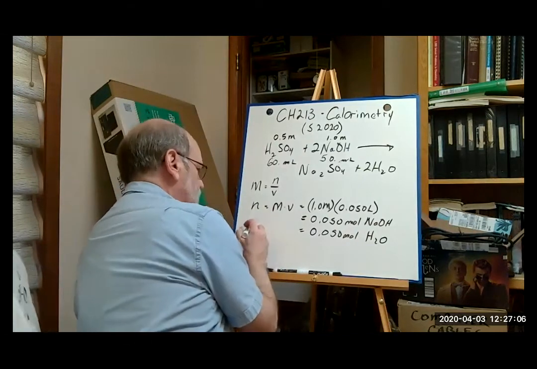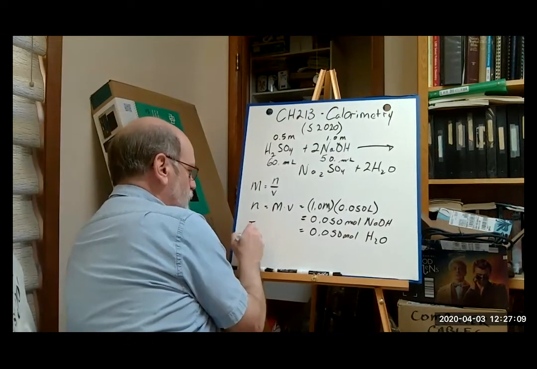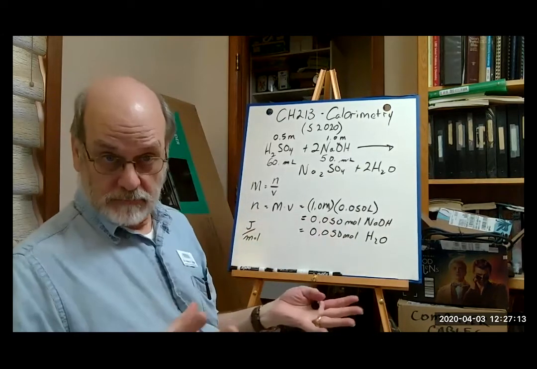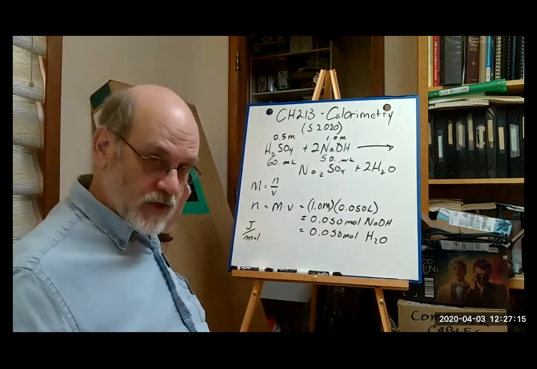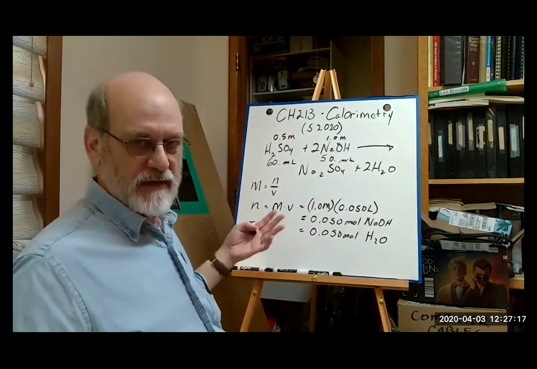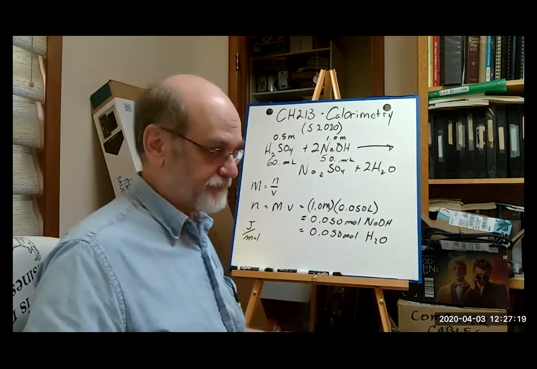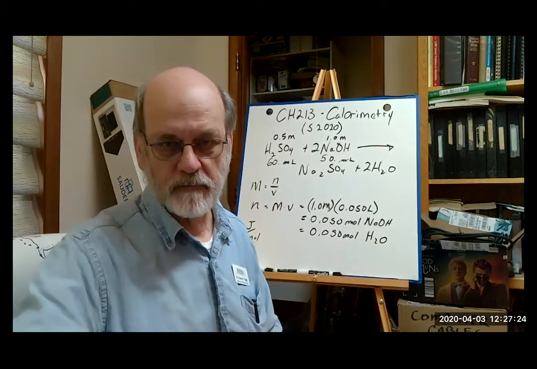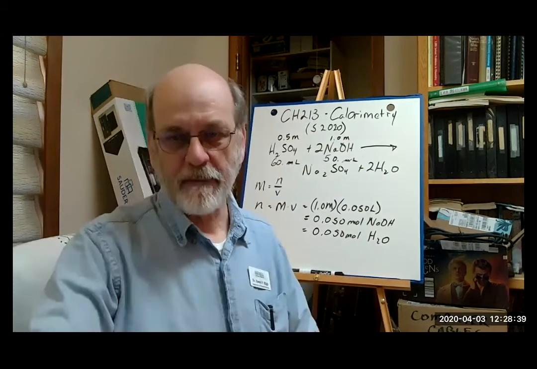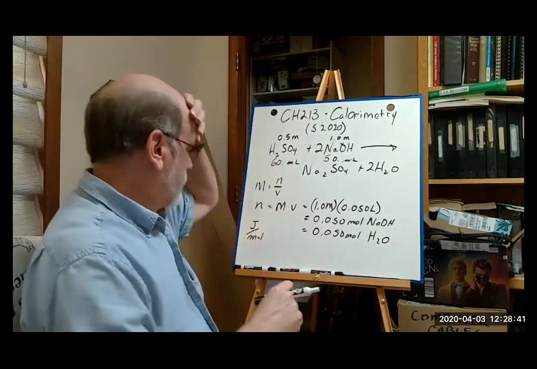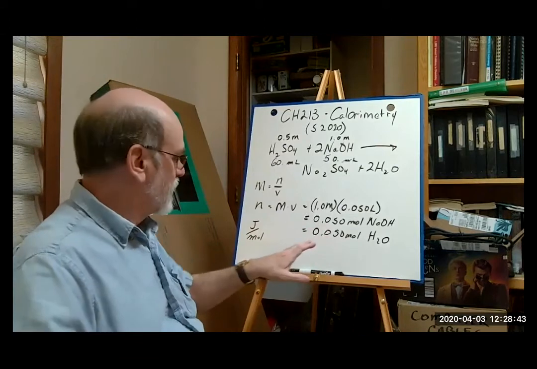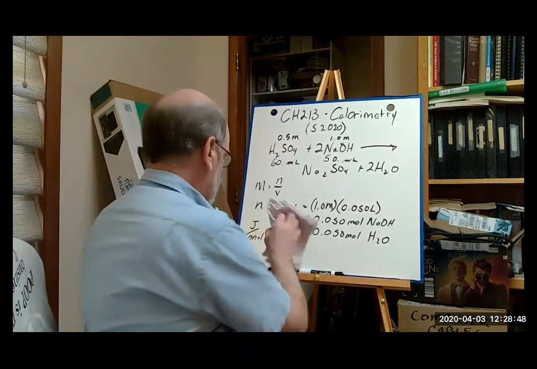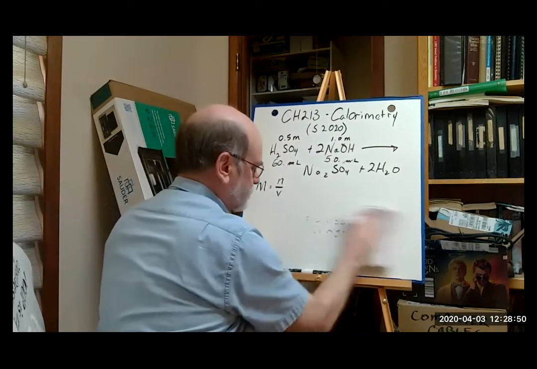So if we need something that's expressed in terms of joules per mole, we've got the moles now. All we need to do is determine the joules, how much heat is actually evolved. So we know the moles of water. We just need to find out how much heat. So how do we do that?